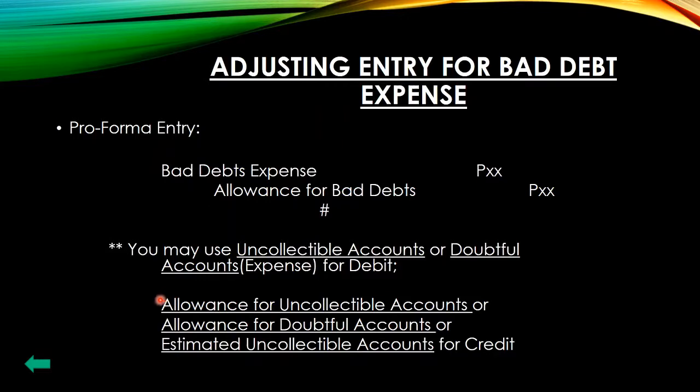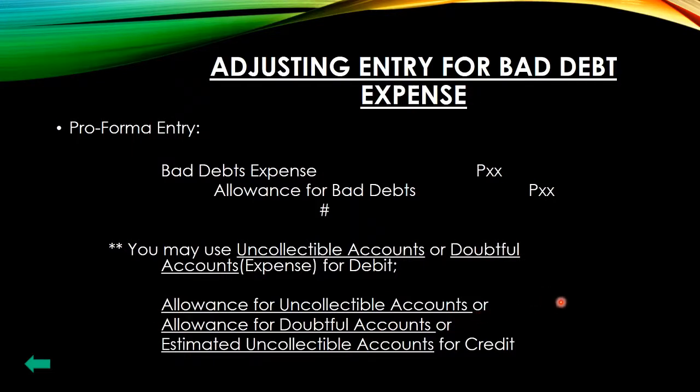When you see an account title with allowance, that is not an expense account but a contra asset account. Okay? So, basta kay masumpayan na nag-allowance for ang uncollectible accounts, doubtful accounts, so that is no longer an expense account, but instead a contra asset account.